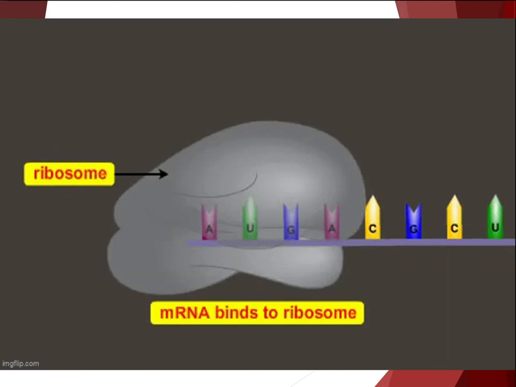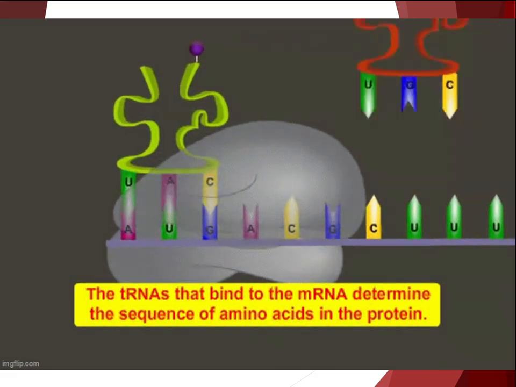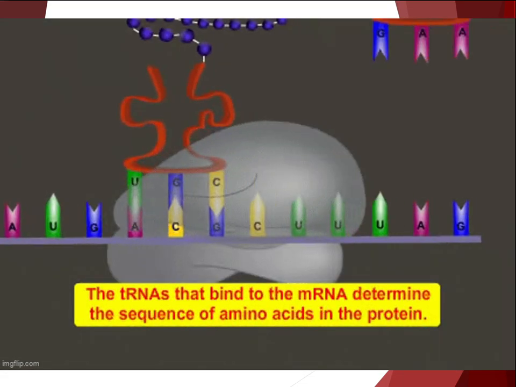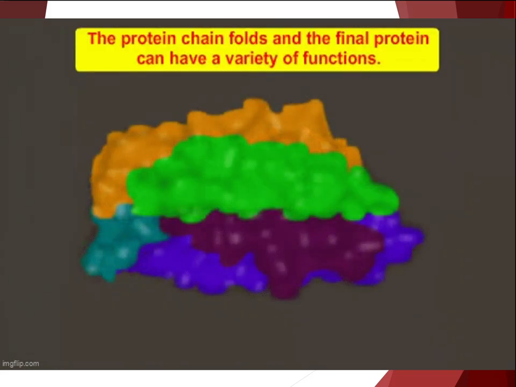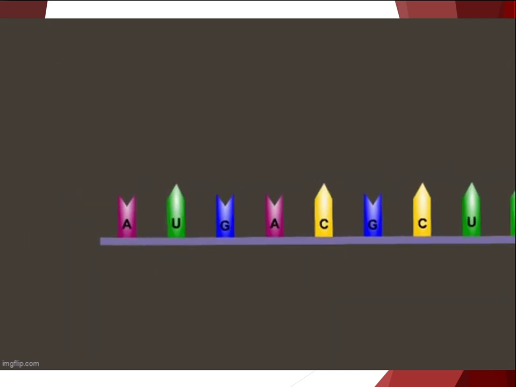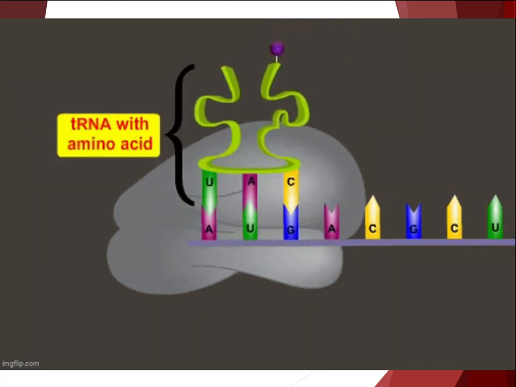These mRNA strands are then used as the code to assemble amino acids in the correct order to form a protein. This second part of the process is called translation.